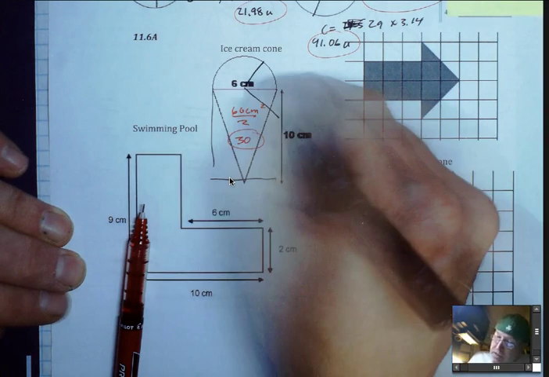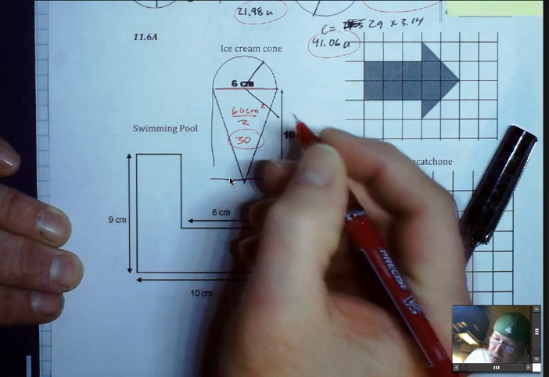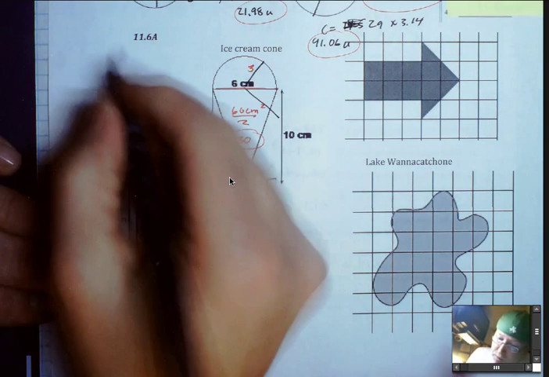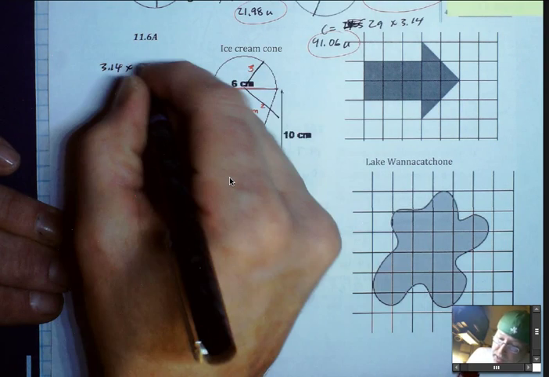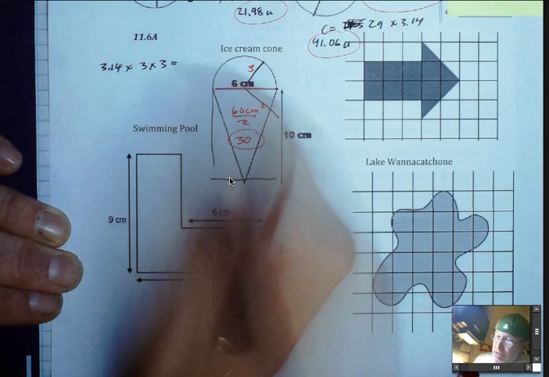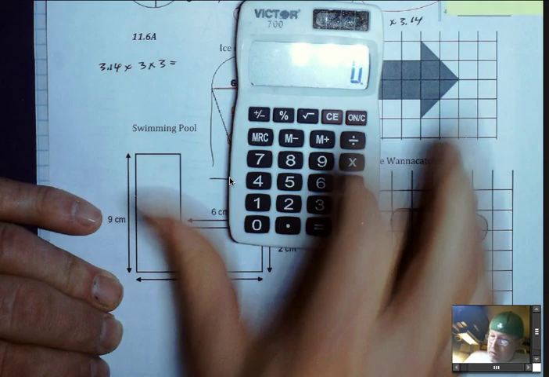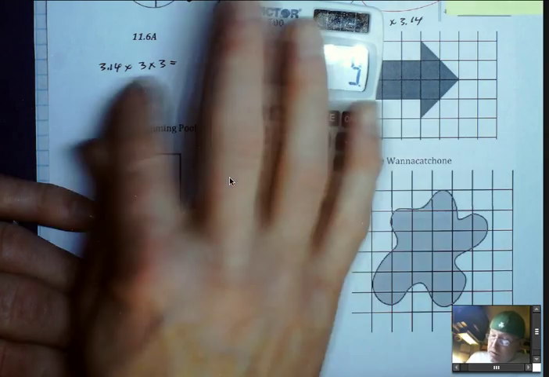Well, this is the diameter, which is 6, so this radius will be 3. So I'll figure out the area here. It'll be 3.14 times the radius times 3 times 3. That's going to equal 3.14 times 9, because that's what 3 times 3 is.